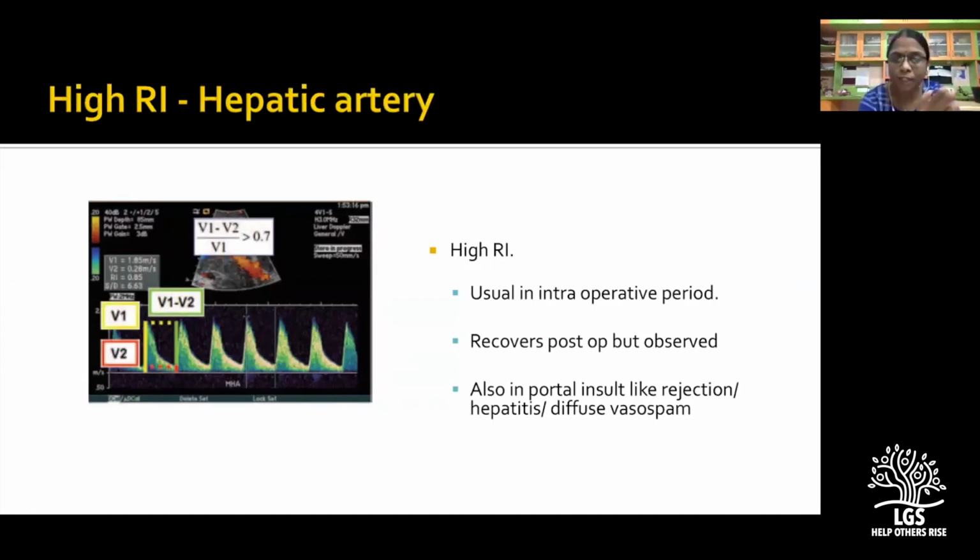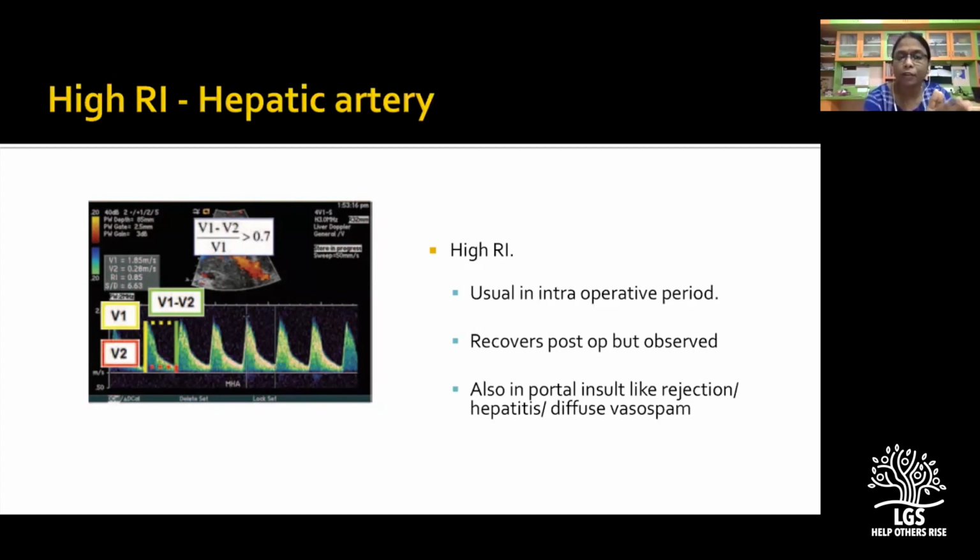The reason for the immediate postoperative high RI could be because of an old age donor, or because of a steatotic liver, or the increased cold ischemic time in case of DDLT, or because of a diffuse arterial spasm or a graft edema or a hepatic artery buffer response. The hepatic artery buffer response is because of the portal hyperdynamic circulation, that is increased portal velocity.